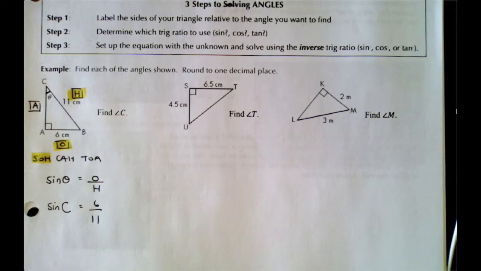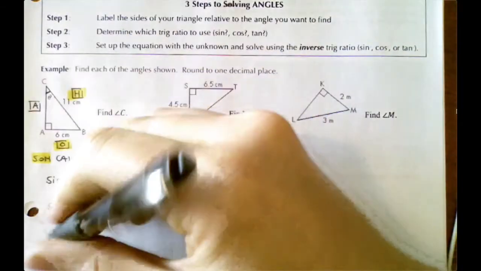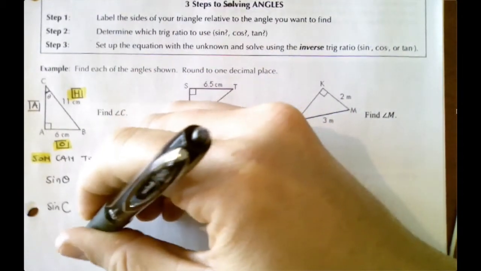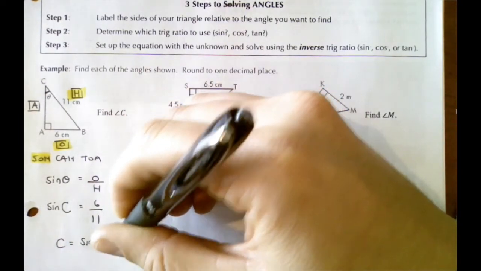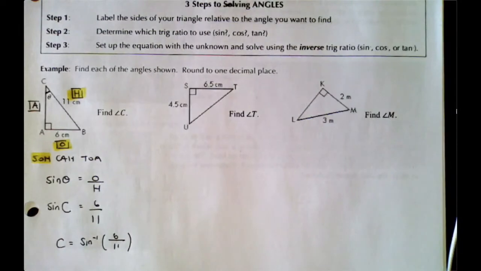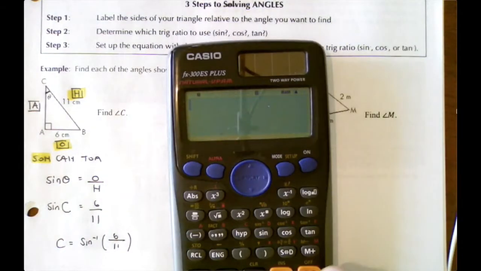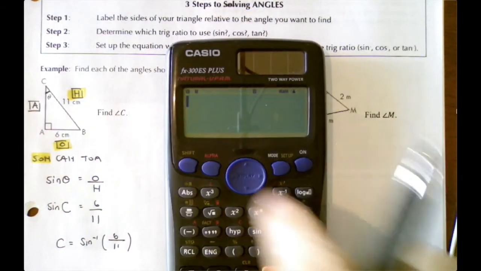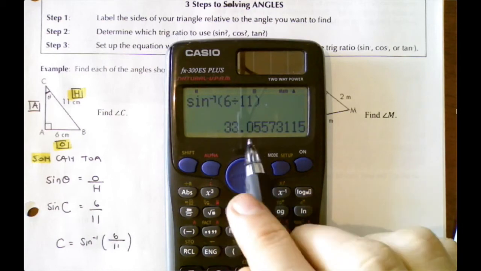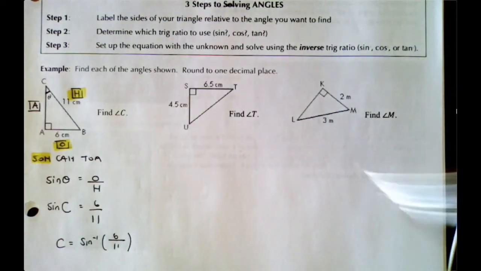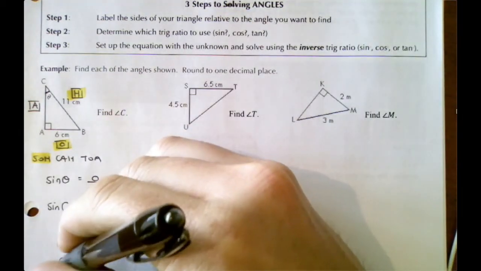If you have 2 sides, the solve is always the same. To find your angle, you just use the inverse sine of 6 divided by 11. So in our calculator, that would look like this. Second sine, 6 divided by 11. And we get 33.1. One decimal place, 33.1, it is.